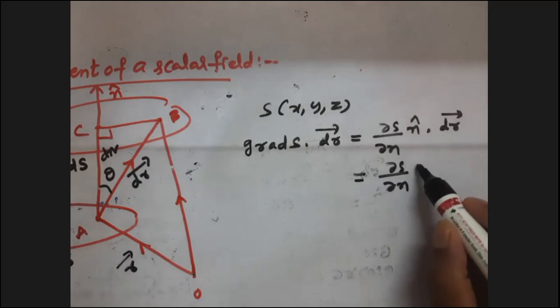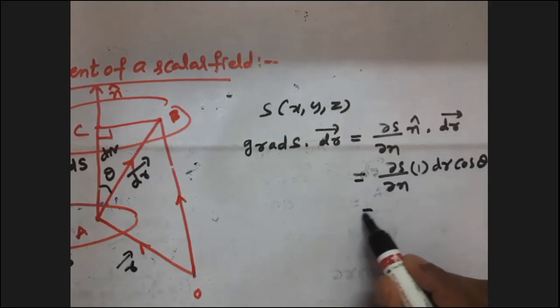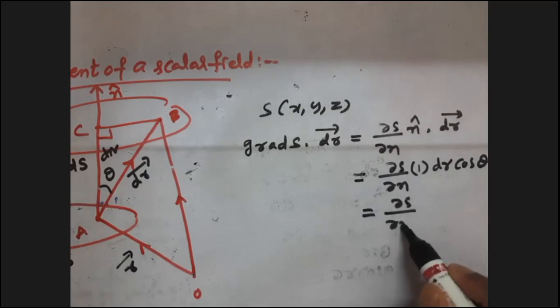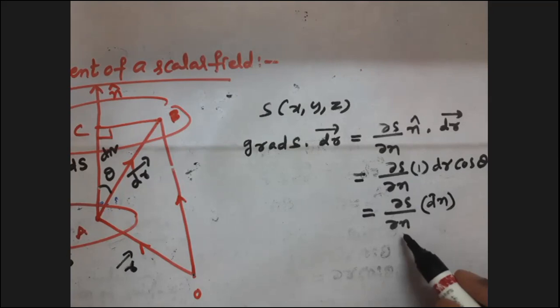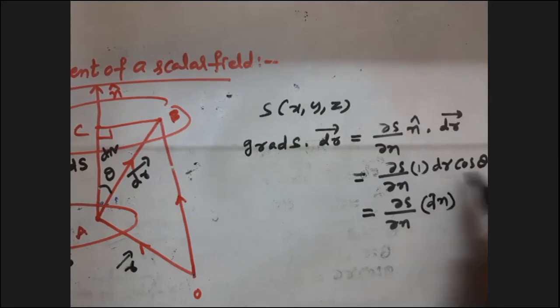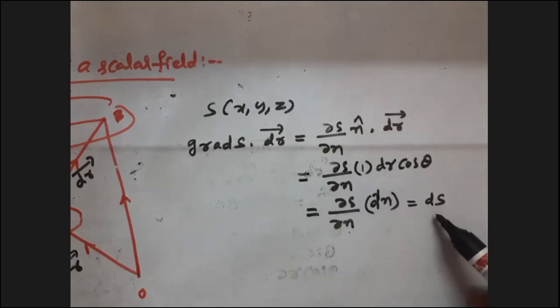Here modulus of n cap is 1 because it is a unit vector, and modulus of dr bar is dr cos theta. This is equal to dou S by dou N, but dr cos theta equals dn. So dou S by dou N into dn equals ds. Say this is equation 4.